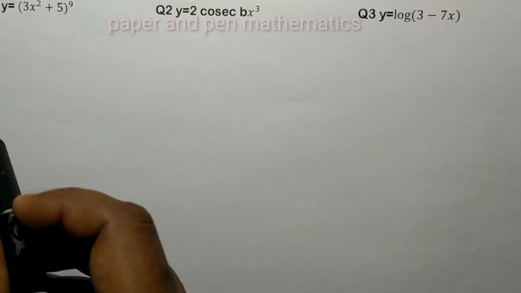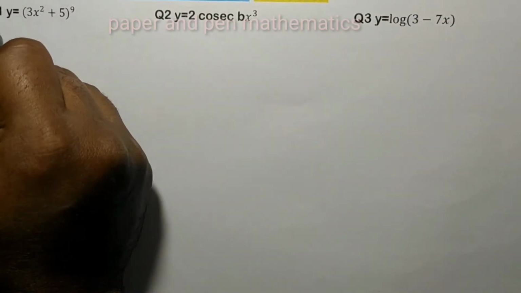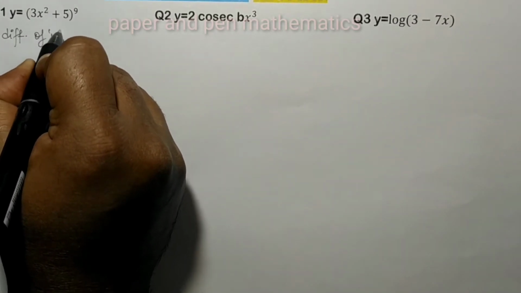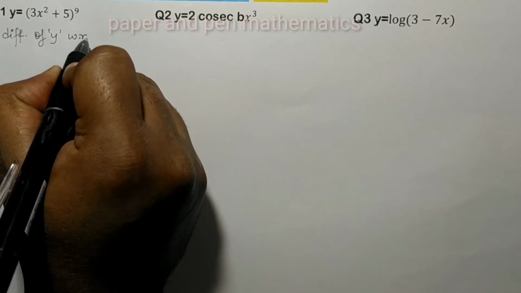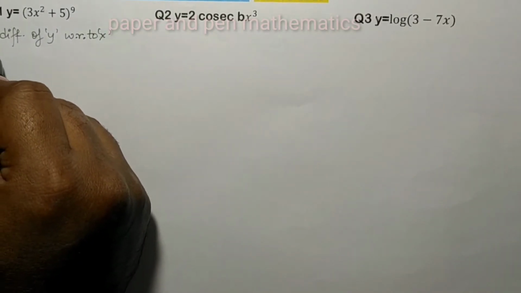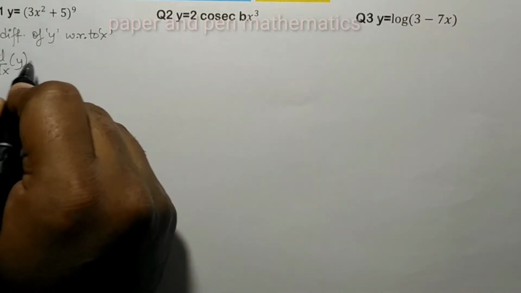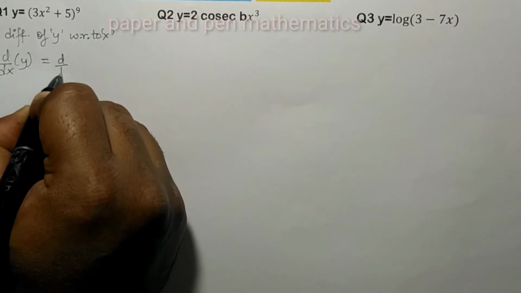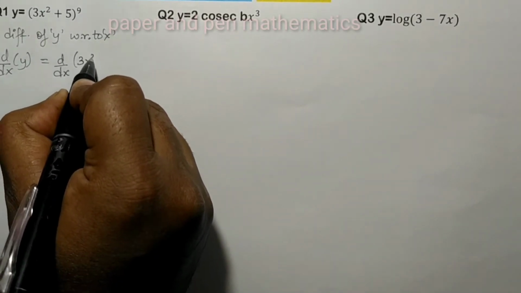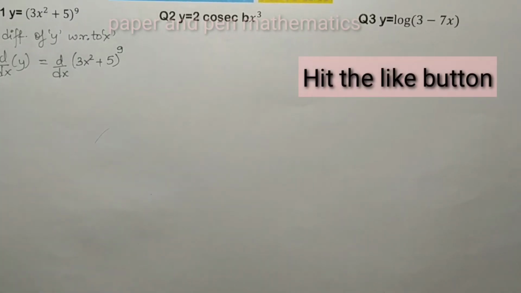Now to find the derivative of y, that is differentiation of y, we have to write differentiation of y with respect to x. So d by dx of y is equal to differentiation with respect to x of 3x square plus 5 whole raised to the power of 9.